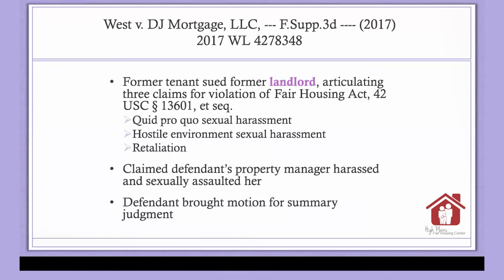She claimed that the defendant's property manager harassed and sexually assaulted her, and the defendant, in response, after the case got going, brought a motion for summary judgment. What do you suppose the defendant claimed in that motion for summary judgment?